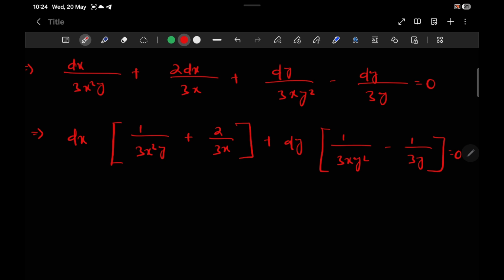So now we have, this is M and this is N, and we have this equation as an exact equation, so we can solve it by our previous rule.